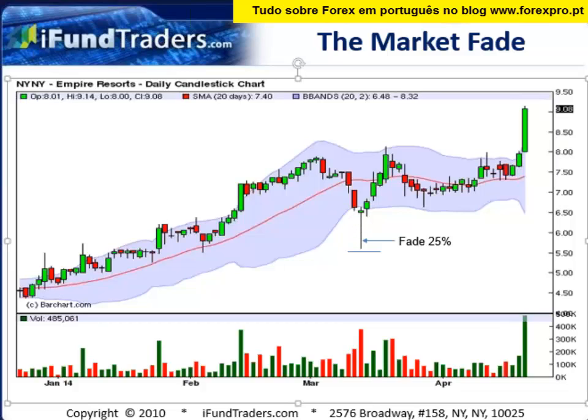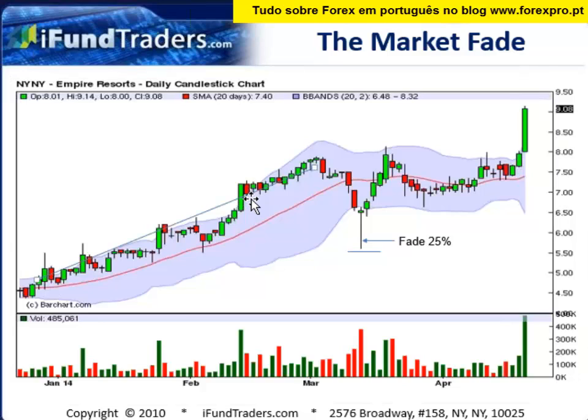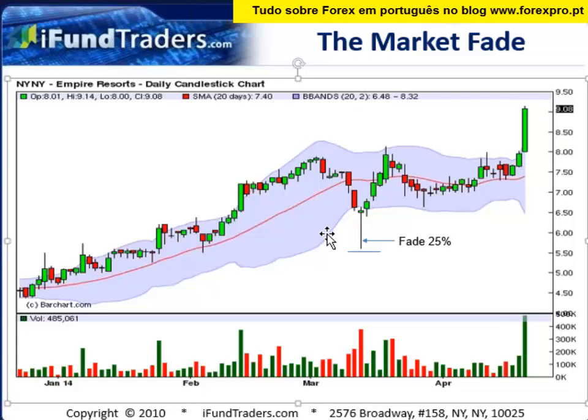Now notice, you can have a stock that rallies near the upper end of the band for a long while. We don't want that. We want to swing from the upper portion to the lower portion, and we want one bar completely outside. This tells me that we're very overdone.